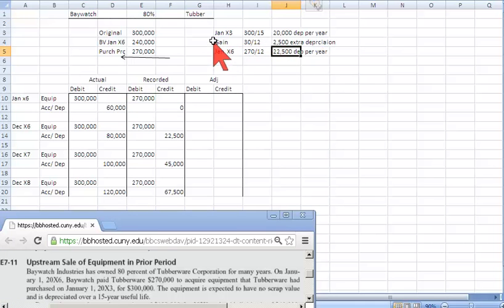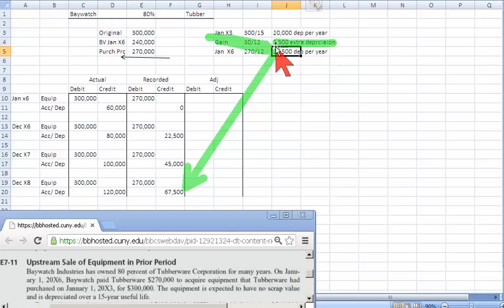Now, this gain, when we bought it on January '06, was going to be deferred because it's not a realized gain because this is an intercompany transfer. Now this gain is going to be reversed. $2,500 is going to be reversed every year. So this is how the $2,500 works. It is subtracted from this box.